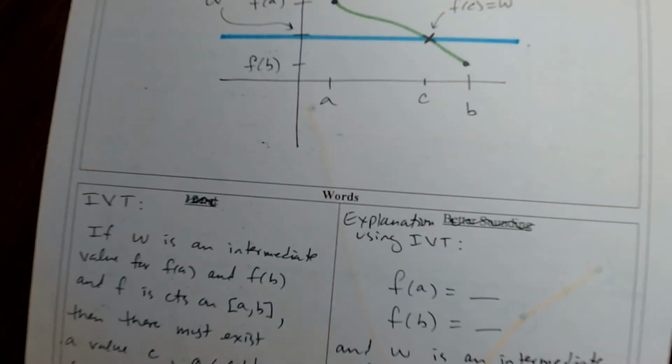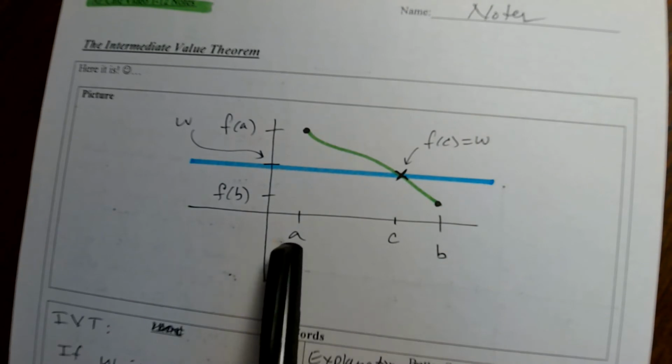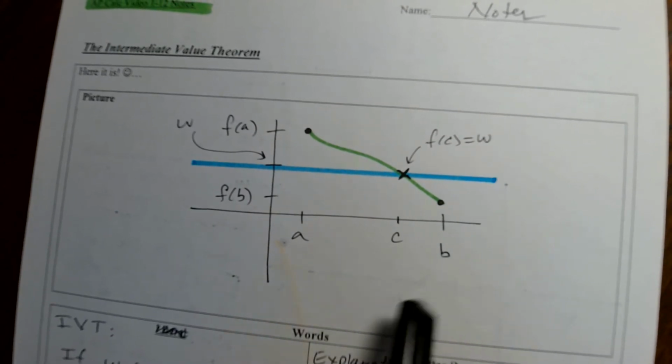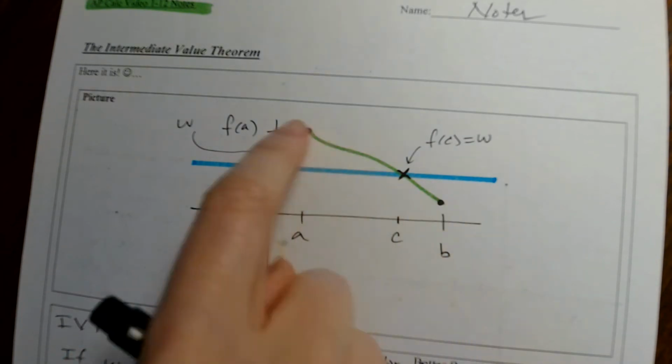All right, so we've got this interval A to B. Here's the outputs at the endpoints.